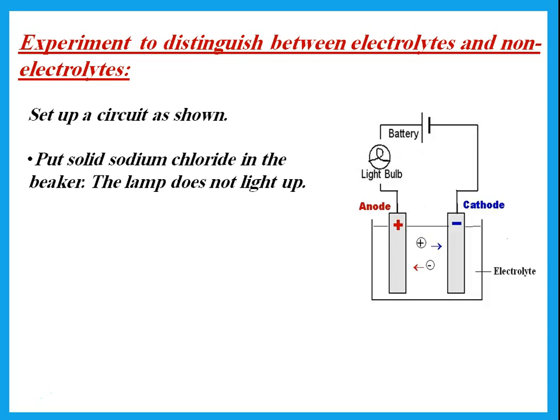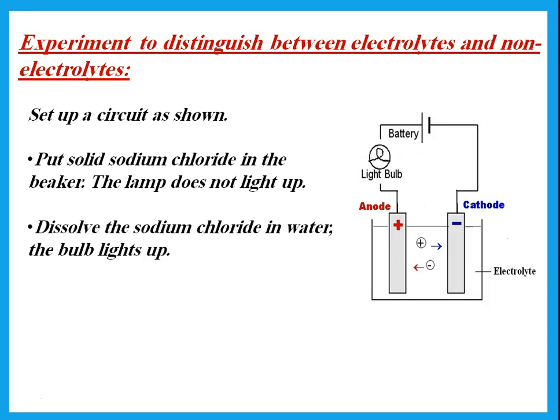So if I put solid sodium chloride in that beaker and put the anode and the cathode in it, the sodium chloride will not conduct electricity. Why? Because the positive and negative ions are not free to move. How do I know that it does not conduct electricity? The lamp will not light up.